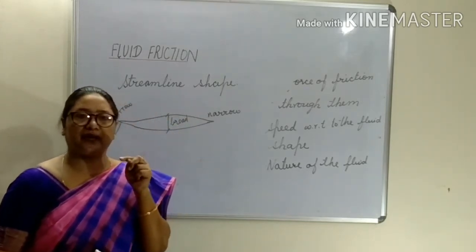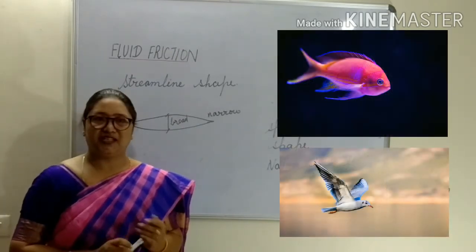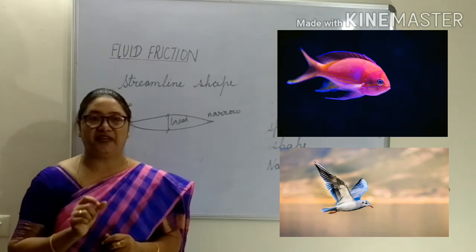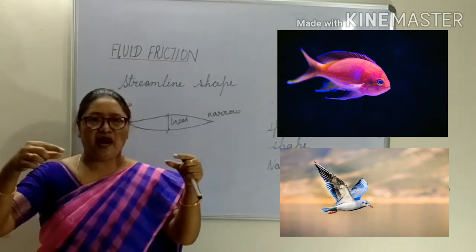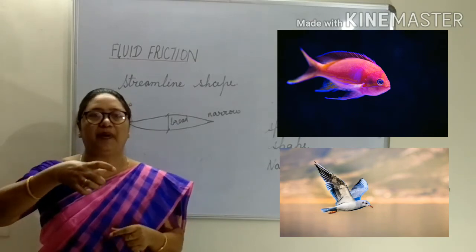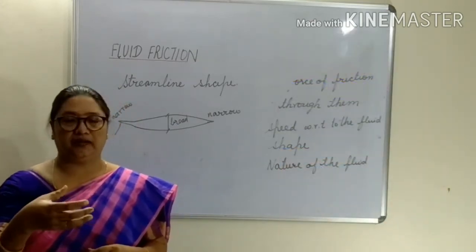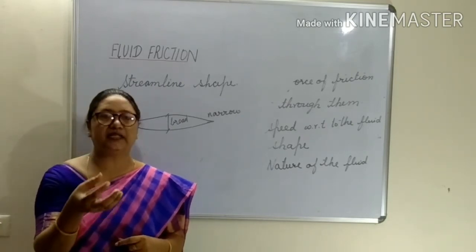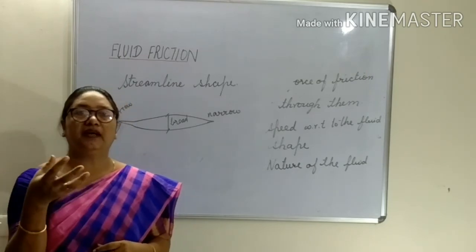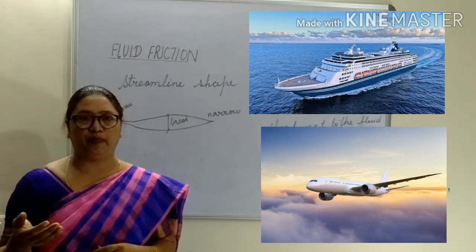So can you give me any example in nature? Yes, the birds and the fish, they have a streamlined body. Means they are narrow at the two ends and the middle part is broad. So seeing the organisms existing in nature, we have designed ships and aeroplanes.